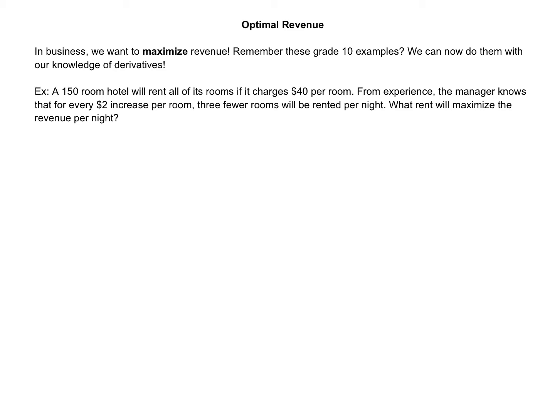So here's what we know. The starting price is $40. And at this price, we're going to get 150 rooms. Every time we increase the price by $2, the number of rooms drops by 3.